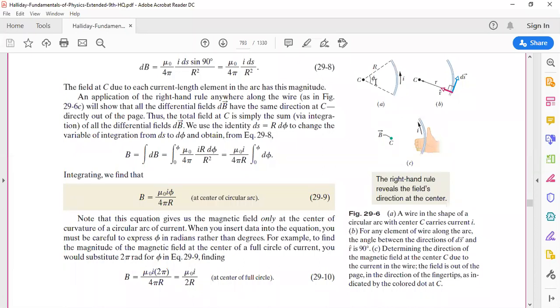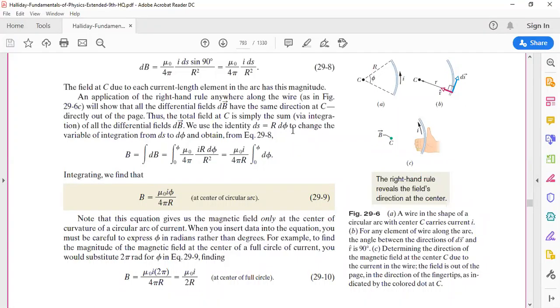Instead of phi, we will write d phi, and ds is unknown to us up to now. The radius is known to us, so we will prefer to convert it into our known symbol.